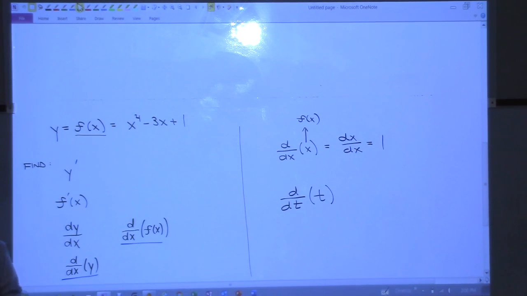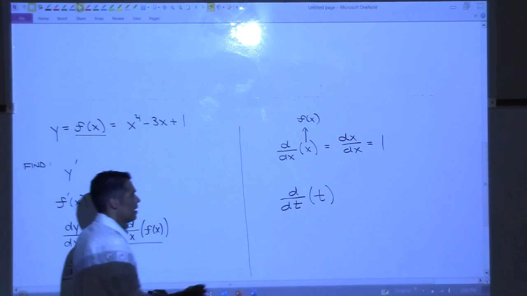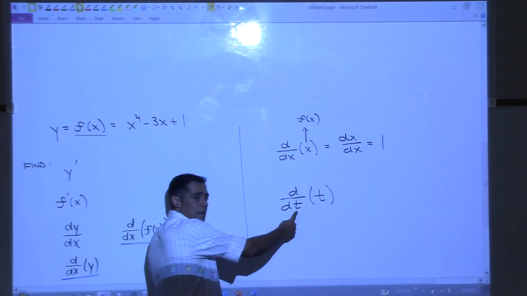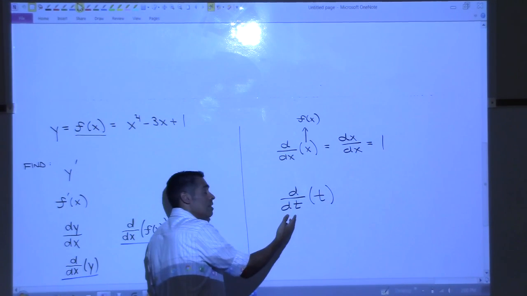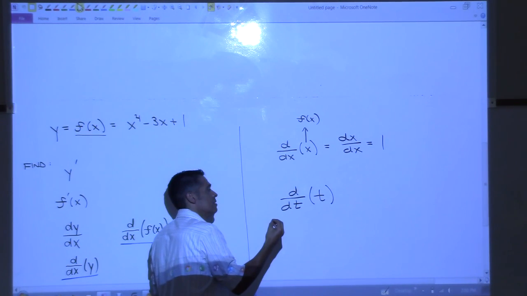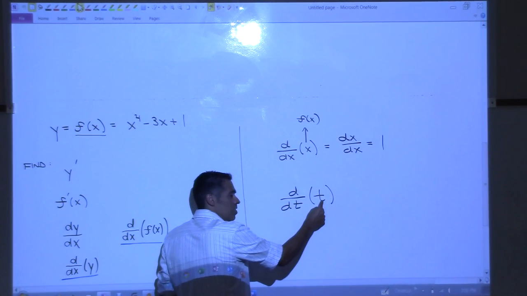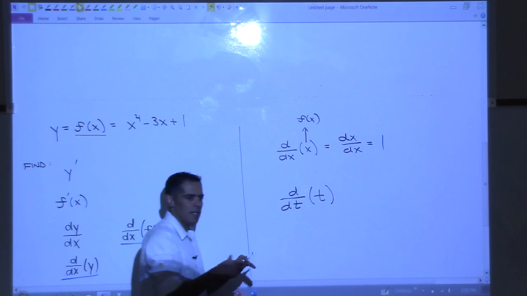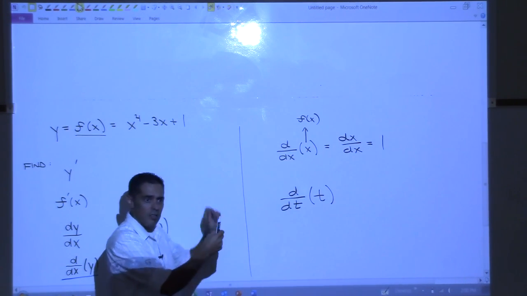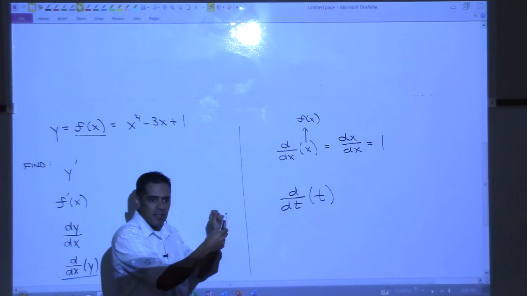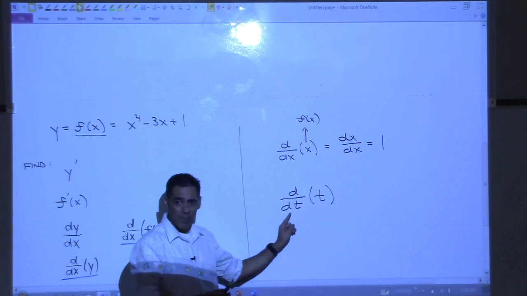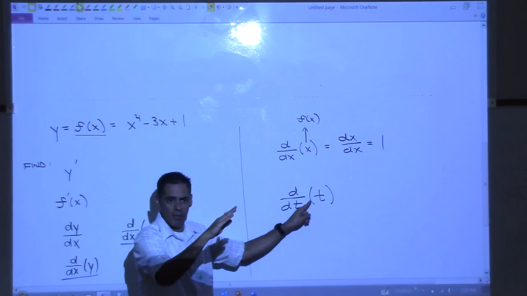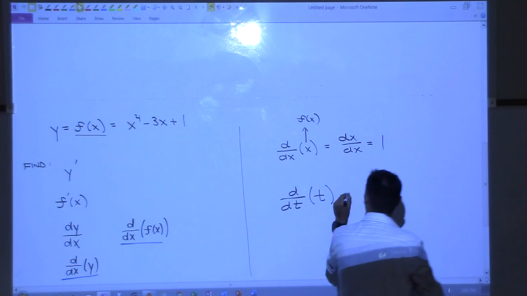That would also be 1, because it's saying take the derivative of t, treating t as if it's the independent variable. So it's almost like asking, what's the rate that t changes if you change t? Well, your rise over run, the change in one is exactly the same as the other. How much does t change with respect to itself? It should be a slope of 1 always, because it's the same variable. Understand? So this should be 1.